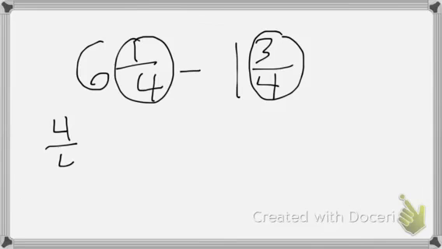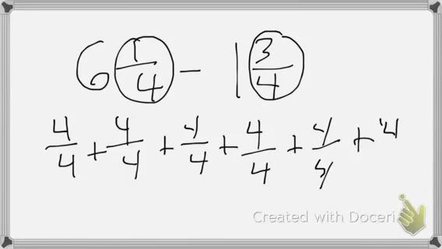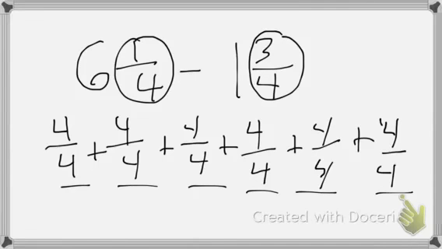You have a 4/4, that's 1, plus 4/4, 2, 4/4, that's 3 wholes, 4/4, that's 4 wholes, 4/4, that's 5, and 4/4, that's 6 wholes. So you have 1, 2, 3, 4, 5, 6, six wholes, plus another 1/4.